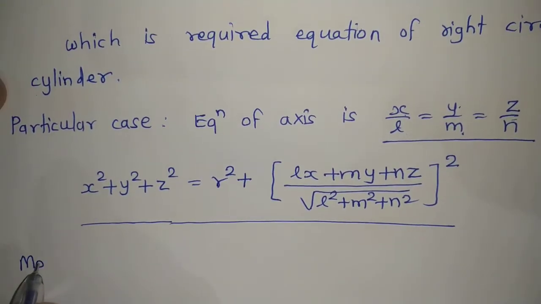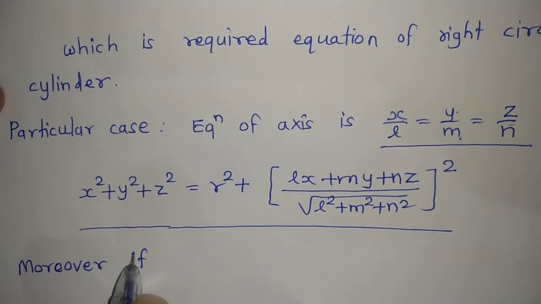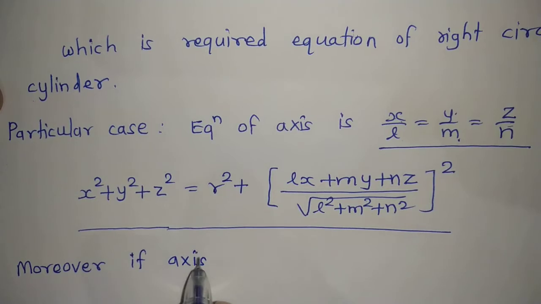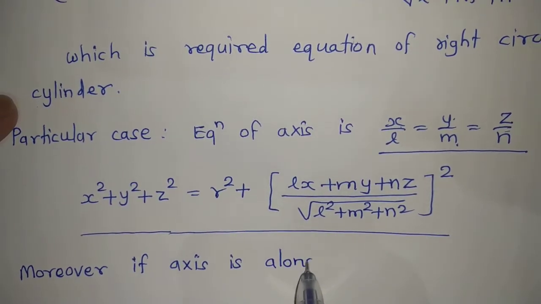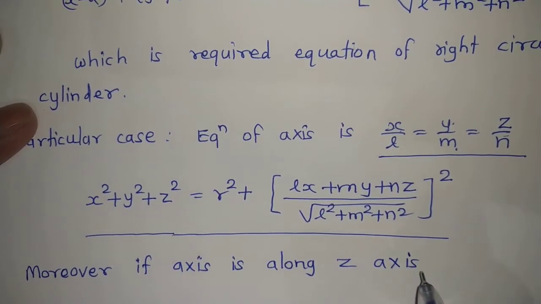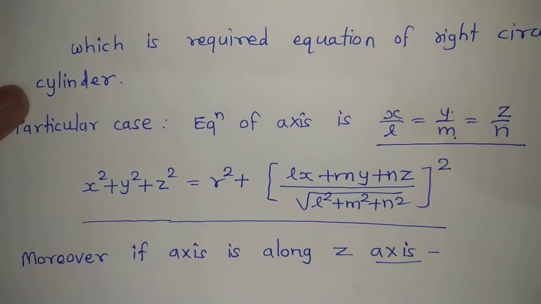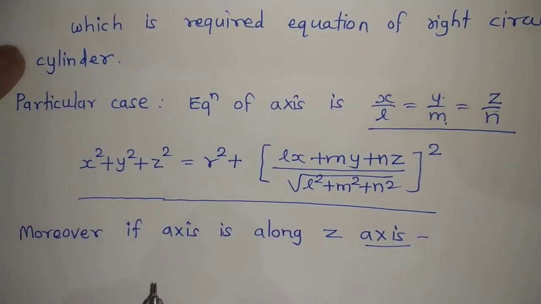Moreover, if the axis is along the z axis, then what will happen? What are the direction ratios of the z axis?